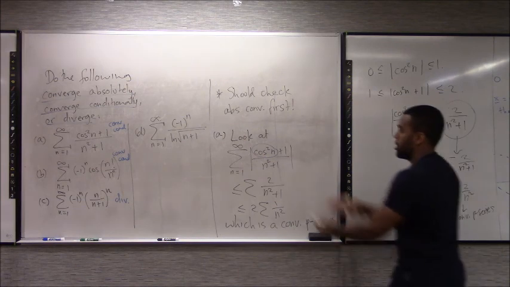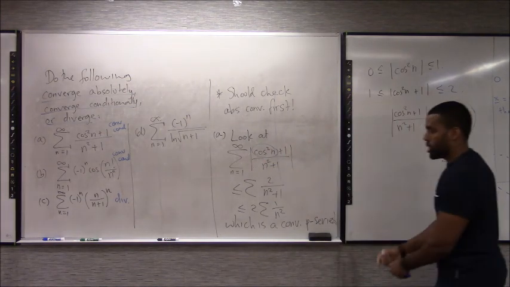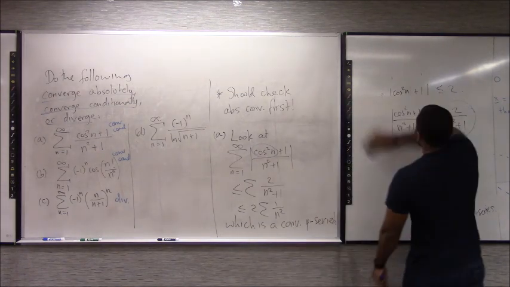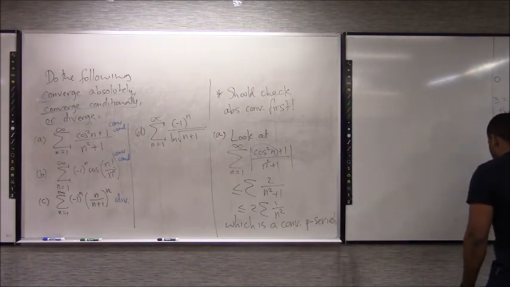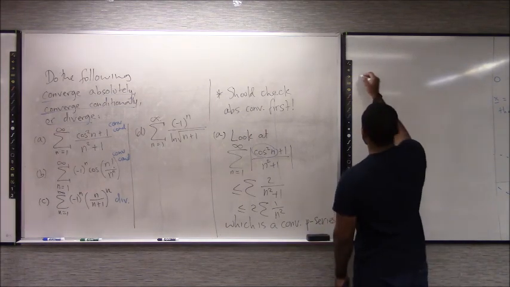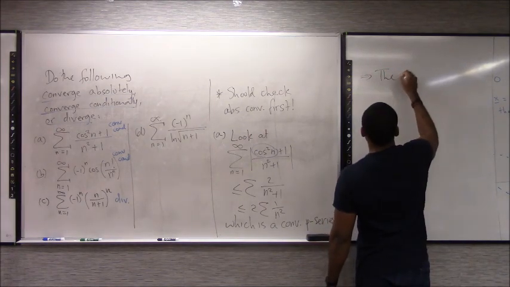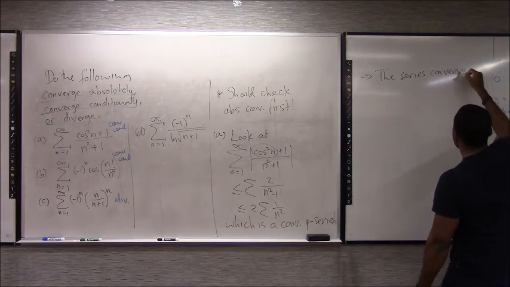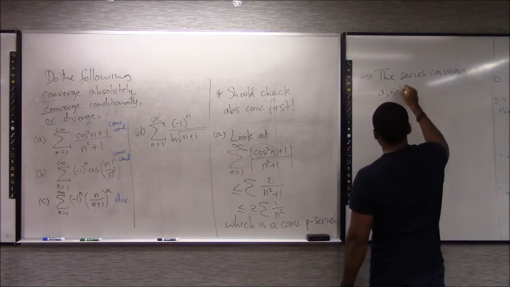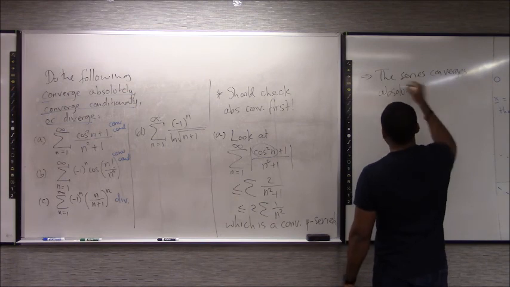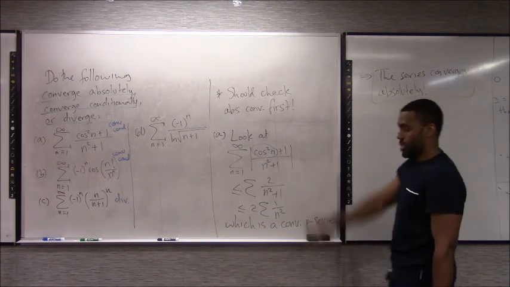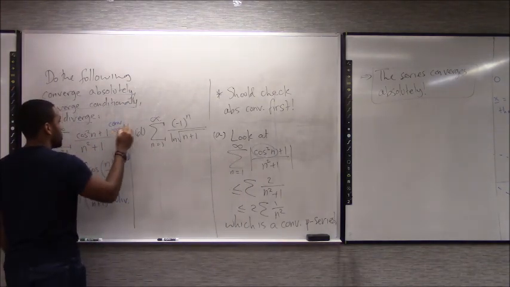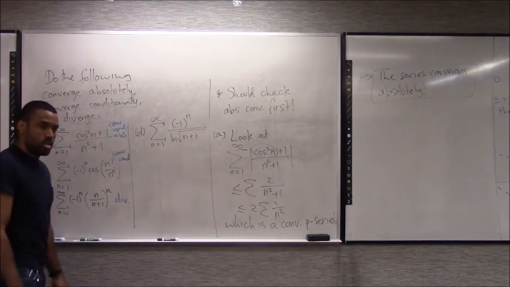Which means this guy with absolute values around him converges, which means he converges absolutely. That guy's absolutely convergent, not conditionally convergent. Even if I put absolute values around all the terms, he still converges.